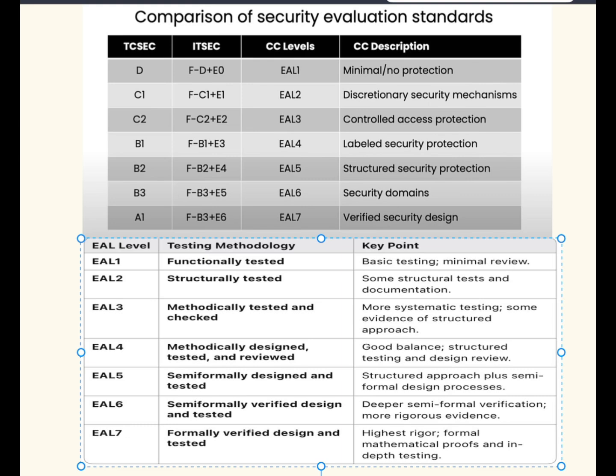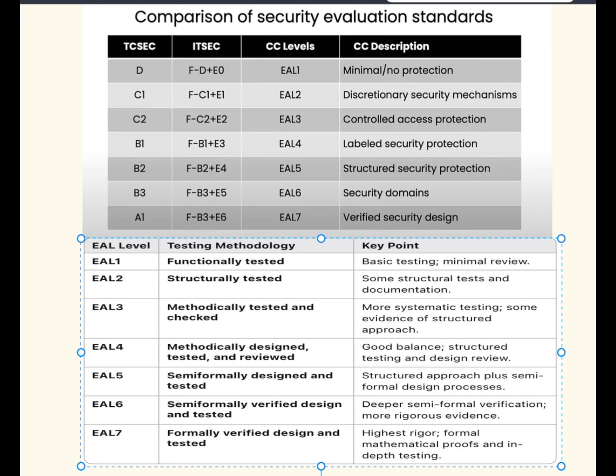In this session, we will discuss TCSEC, ITSEC, CC levels, and CC common criteria. We will do a comparison of security evaluation standards. This might be a longer session because we will discuss some key points related to this topic.